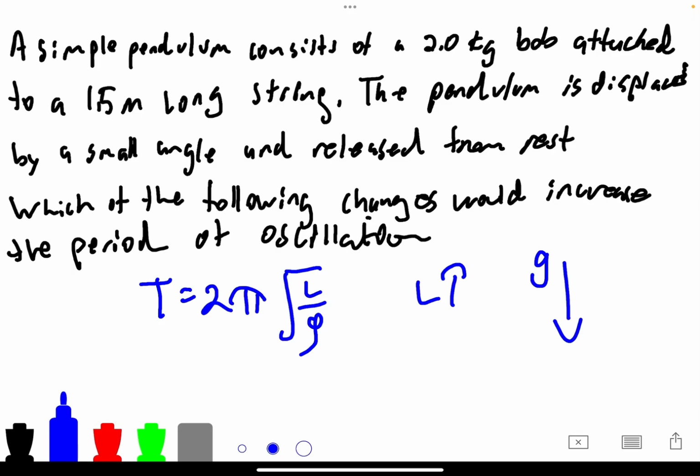If we go shorter with the length, we would have a smaller period. So decreasing the gravitational field strength would increase the period.